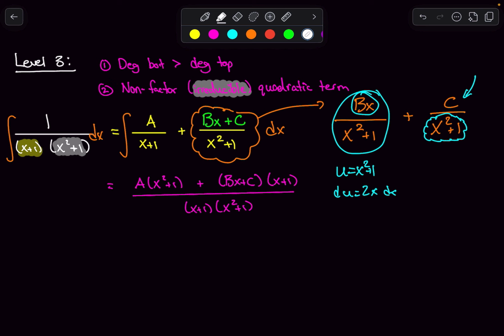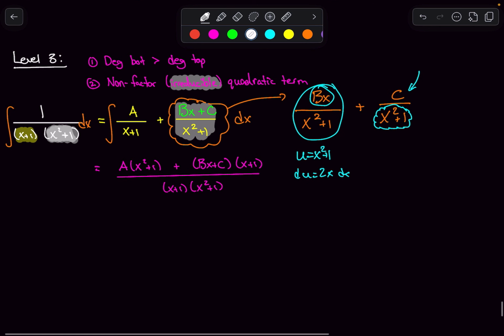But this is why this is level 3. The big deal here is that we have what we call an irreducible quadratic, a non-factorable quadratic, and so it gets this kind of funny little form. Level 4 is just this exact same thing on steroids.